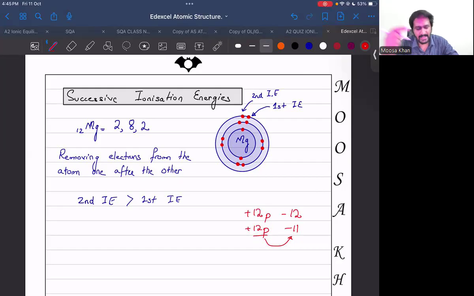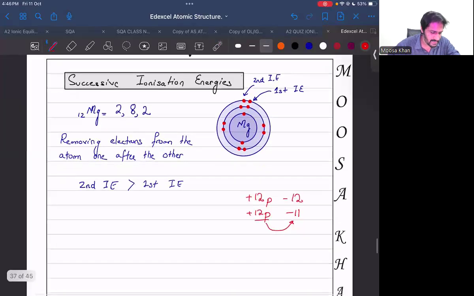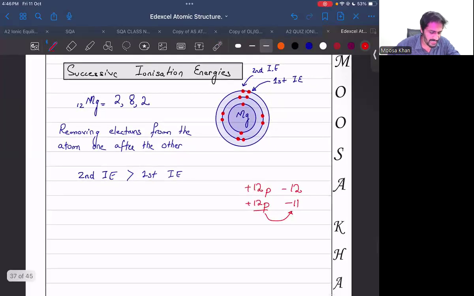So successive ionization energies increase as you remove electrons one after the other from an atom. Because as you keep removing electrons, the number of electrons decreases but the number of protons stays the same. So the effective nuclear charge increases, and it becomes difficult to remove the remaining electrons. Getting my point?